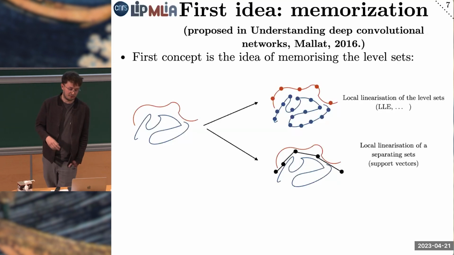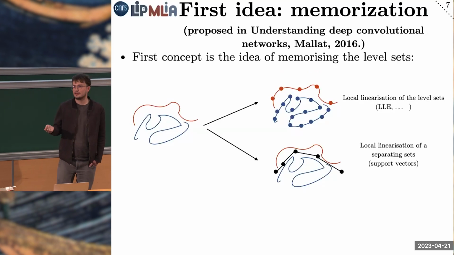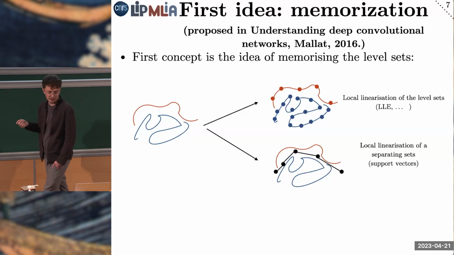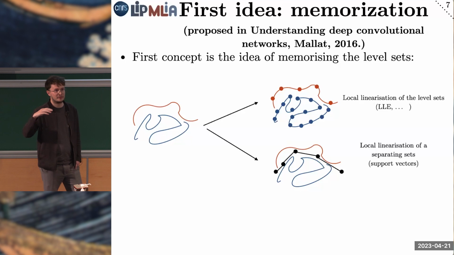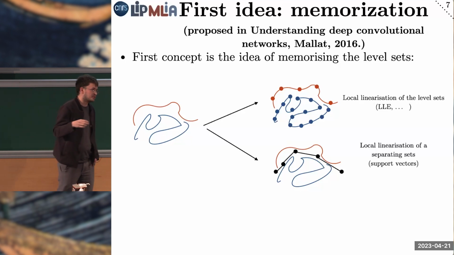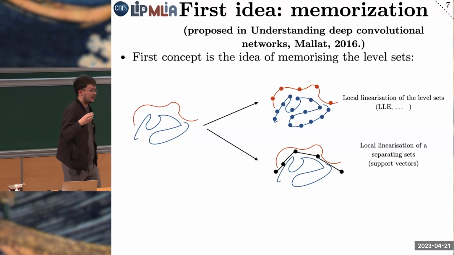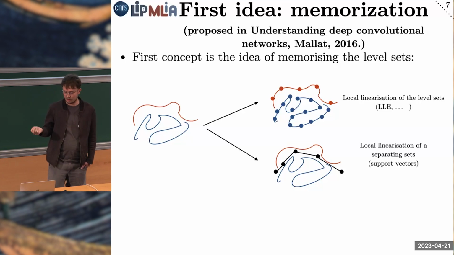The first concept was this idea to memorize level sets, where you want, for example, to either span the full level set of a given class, or learn to separate the different level sets.